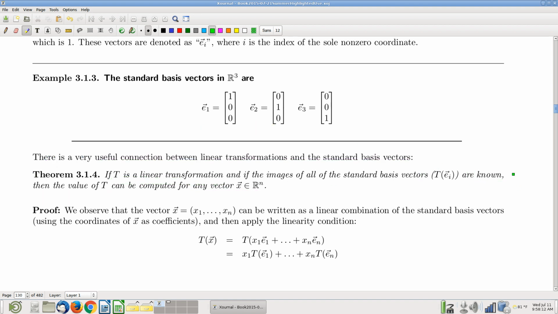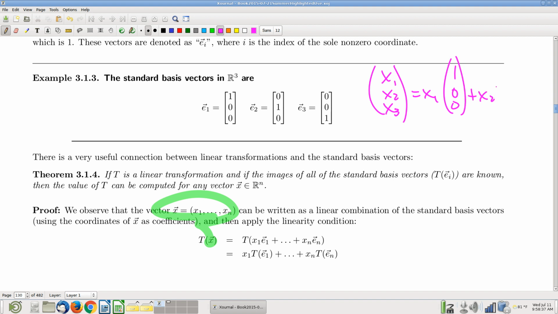So it's a really easy proof. Here's the way we do it. Let's suppose we're interested in T of x for some vector x, and suppose x has certain coordinates, x1 through xn. Let me remind you that a vector x1 through xn is a linear combination of the standard basis vectors in a very special way. This is an observation that we made back in, I think, one of the exercises in Chapter 1.